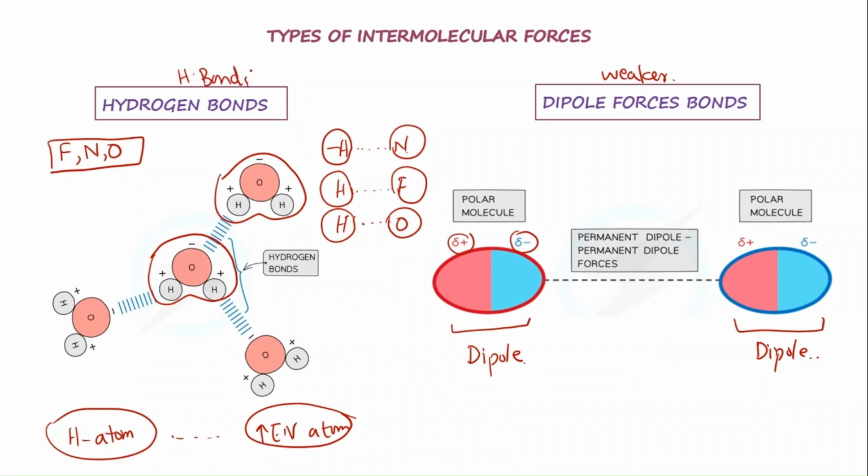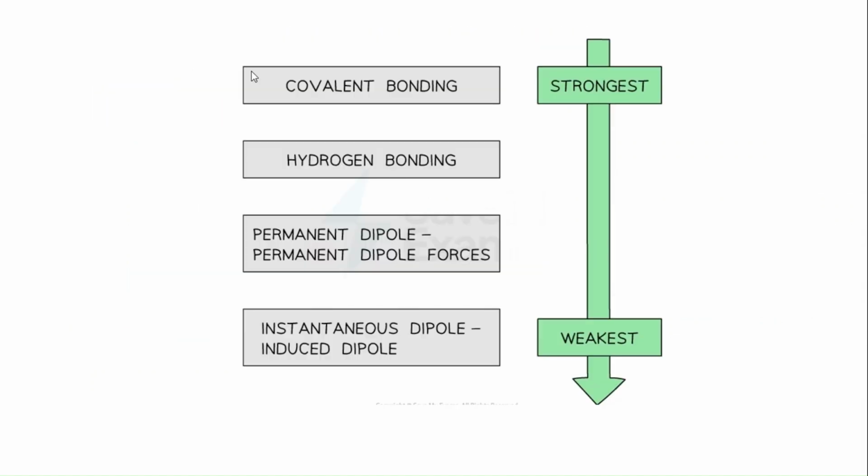And we can also compare it with the other forces. So among these forces, which are present between the molecules and inside the molecules, covalent bonds are the strongest, and after covalent bonds, hydrogen bonds are stronger than the dipole-dipole forces. And I told you that there were some other types of intermolecular forces too.